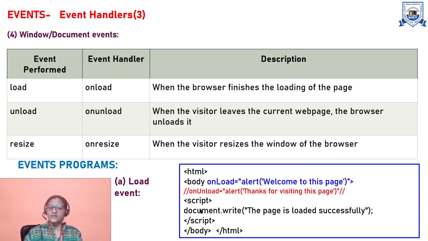Then in our HTML document, document.write, along with that we display our own message that the page is loaded successfully. It means the page has been loaded, and we have given the event that as soon as the page gets loaded, a small alert window will appear with this message.